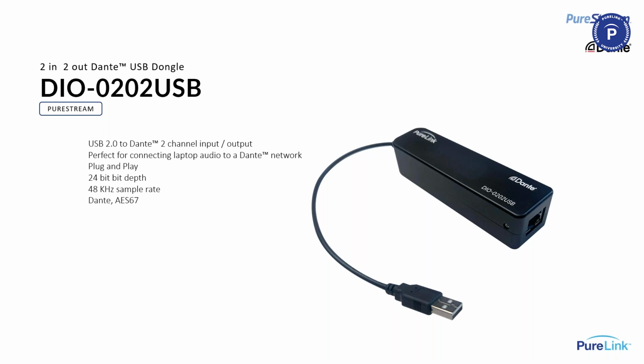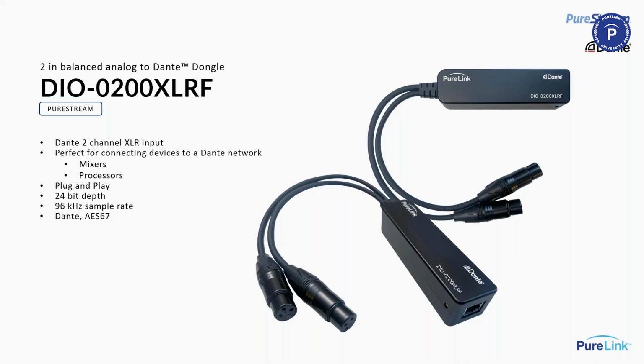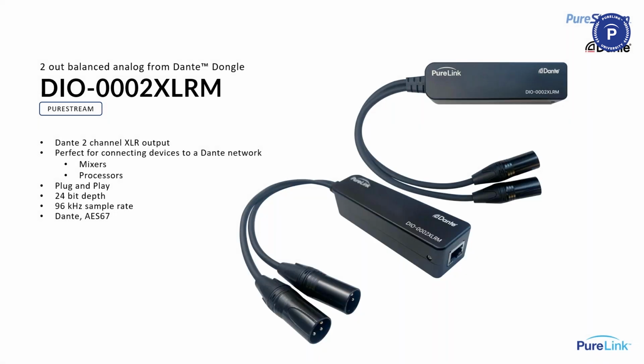So for example, if you connect this dongle to your laptop, you can now bring in 2 channels of Dante right into your laptop, or you can take 2 channels of audio out of your laptop right into the Dante network. Then we also have 2 channels of analog that you can convert and send out to the Dante network, and 2 channels of Dante output that you now output to XLR balanced connectors.